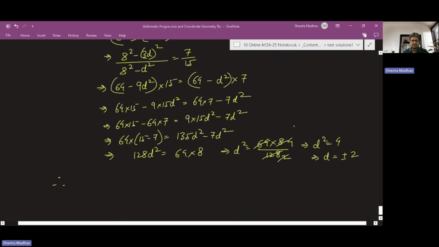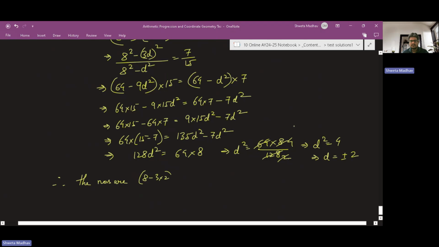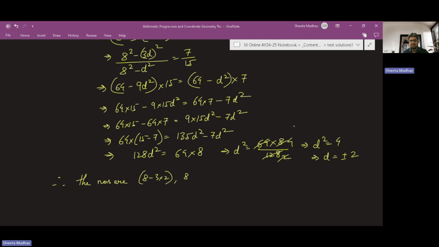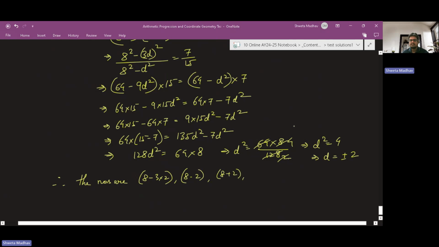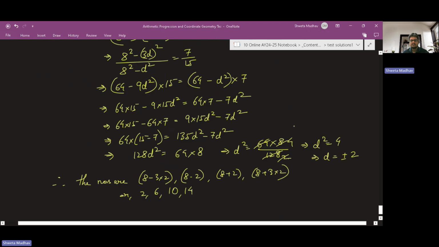So therefore the required terms we have to find. The numbers are a minus 3d, which means 8 minus 3 into 2, 8 minus 2, and then 8 plus 2, and 8 plus 3 into 2. So they will be 2, 6, 10, and 14.